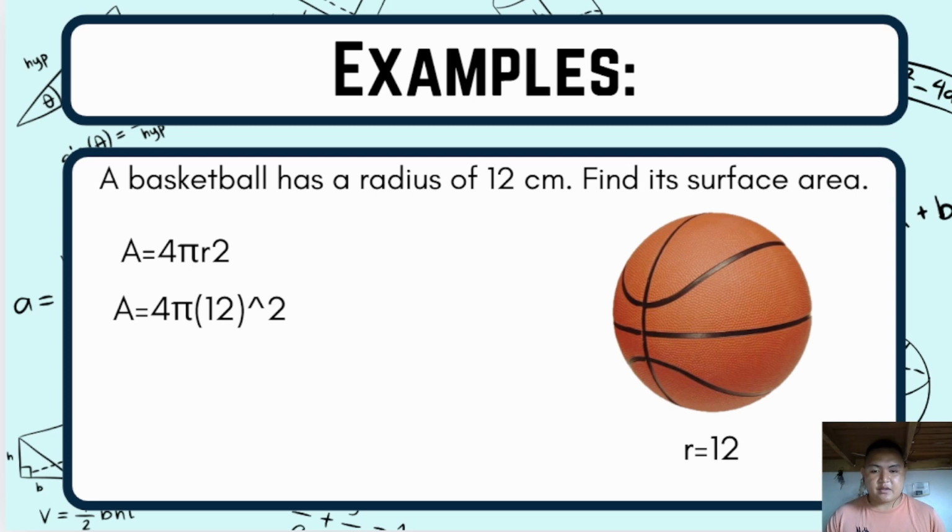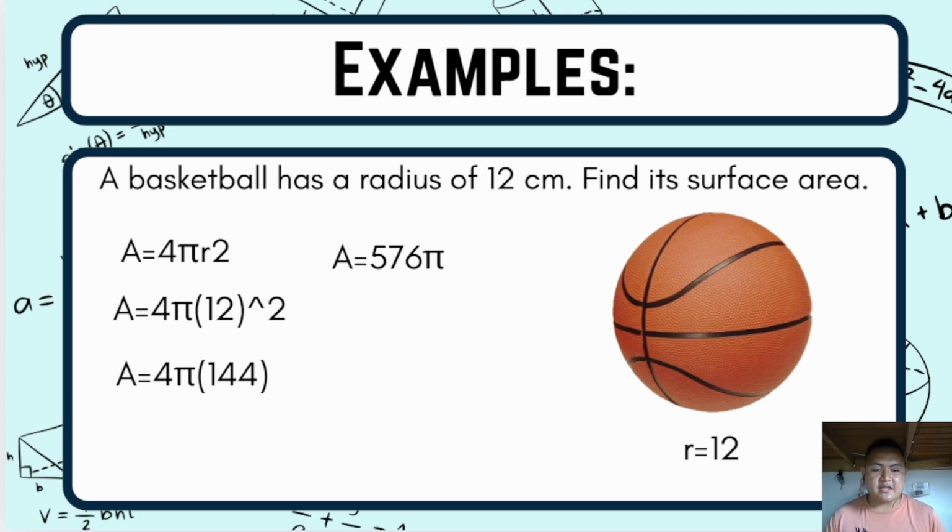So next thing we're gonna do is square the 12, which is 144, and multiply it to 4. When we multiply it to 4, our equation is gonna be A is equals to 576 pi. So our pi is approximately 3.1416.